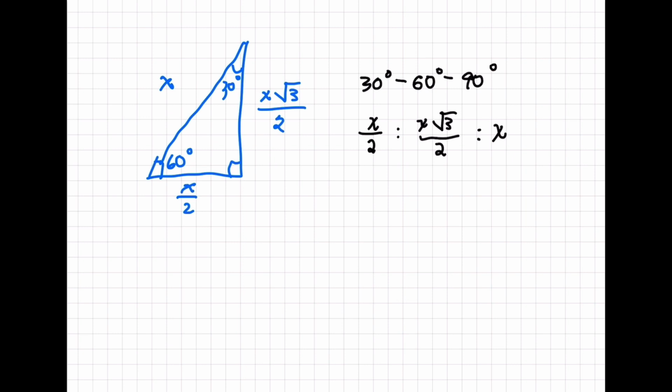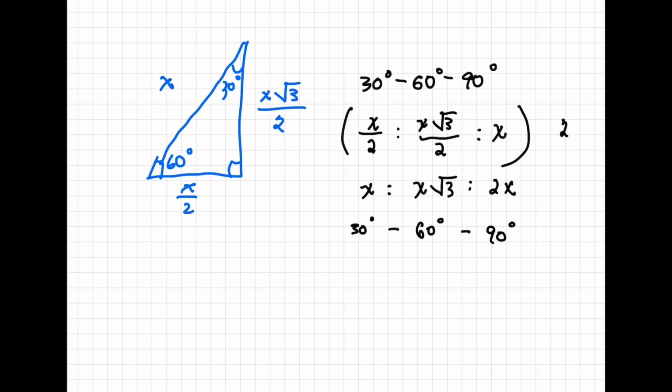Now how do I get rid of the denominator? I will just multiply all of this by 2. So I will have x is to x square root of 3 is to 2x. So what does this tell us? 30 degrees, 60 degrees, and 90 degrees.